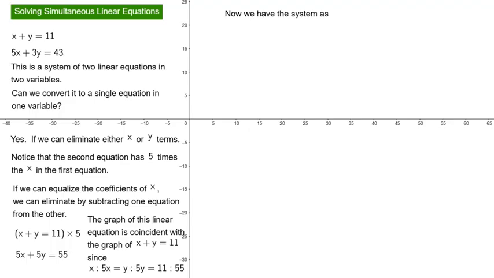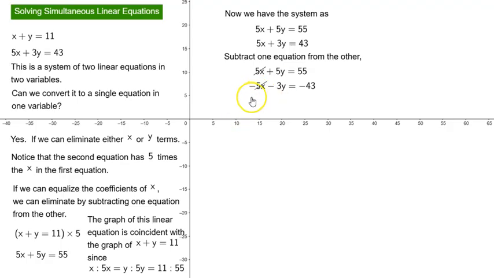So now we have the system as 5x plus 5y equal to 55, 5x plus 3y equal to 43. So now if we subtract one equation from the other, what happens? 5x and 5x cancel out. So we have 5y equal to 55 and minus 3y equal to minus 43.